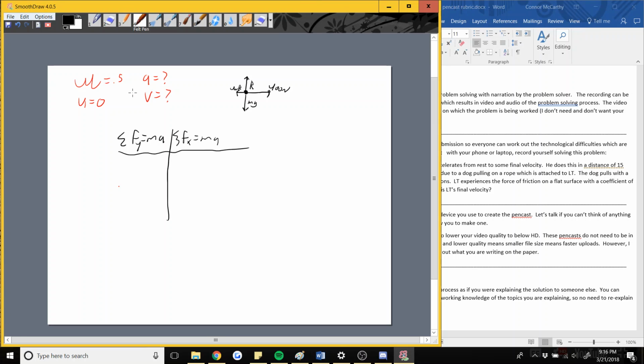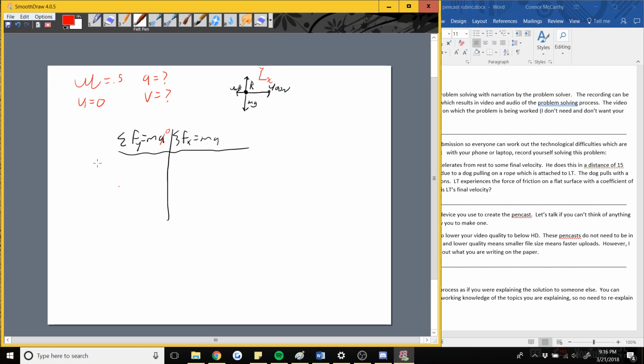So we know that he is not going to be traveling up or down. We're also going to define our axes. We're going to go positive y, positive x. And so he doesn't travel up or down, so we know there must not be an acceleration up or down. You can go ahead and put that as 0.